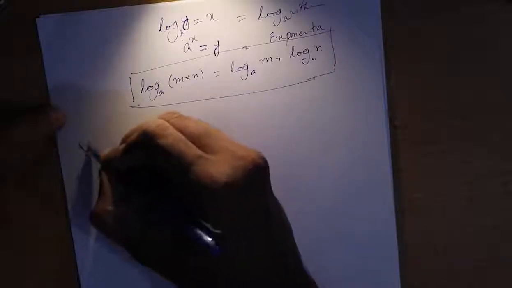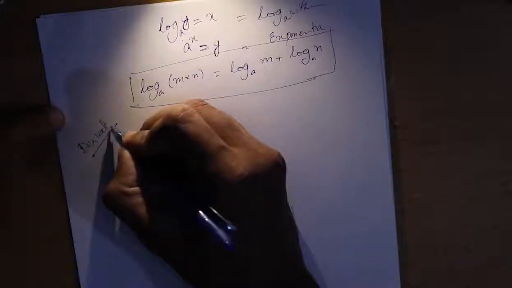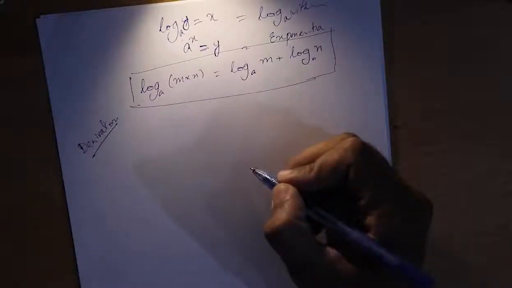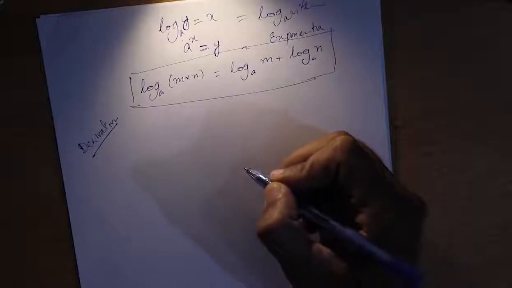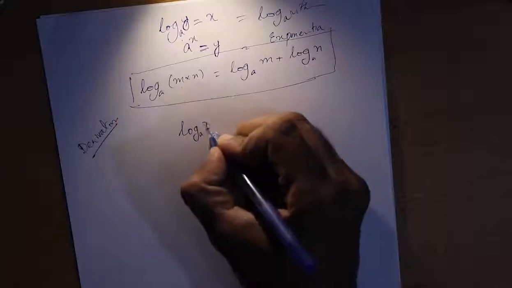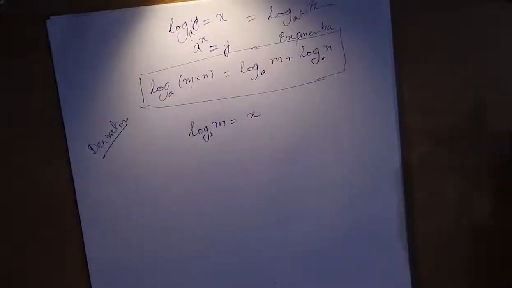So derivation starts from here. We have to assume certain things to derive this formula. So what are those things? First of all, we assume that the log of m on base a is the value x.